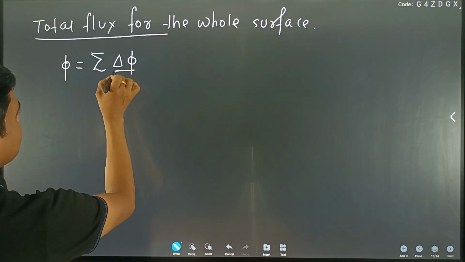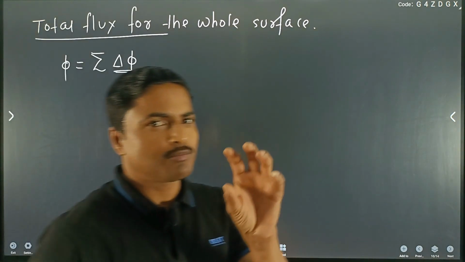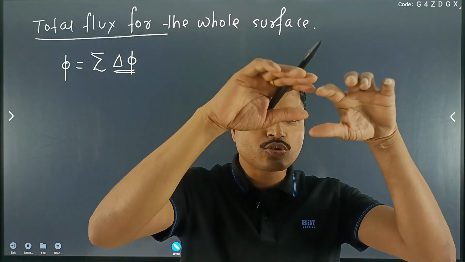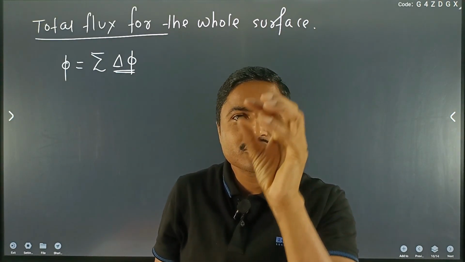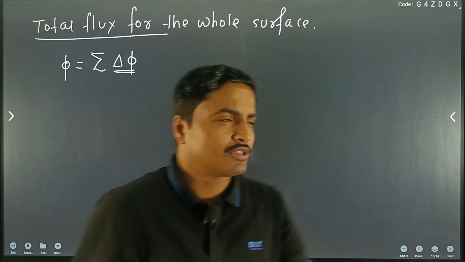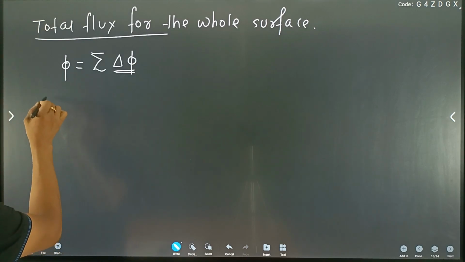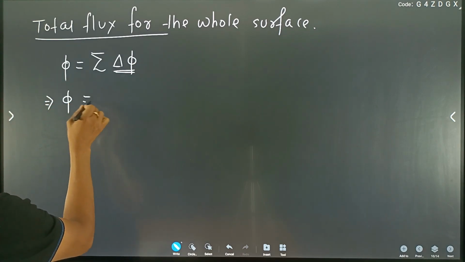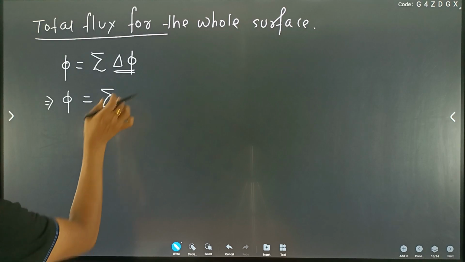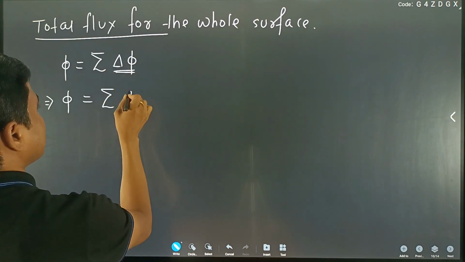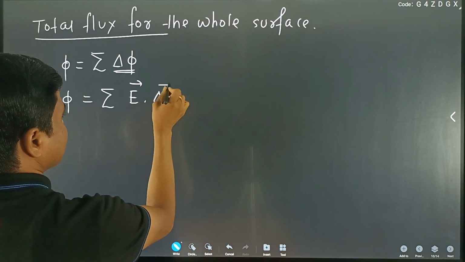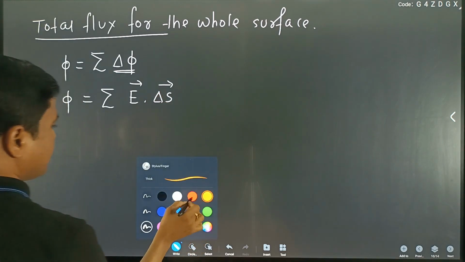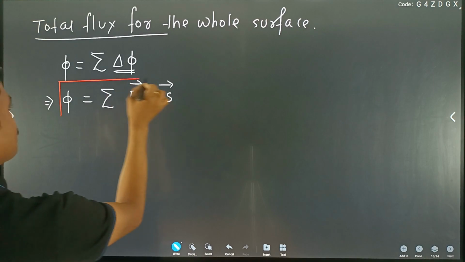This one is the electric flux for a small area element, and the total surface is divided into a large number of small area elements. So we write total flux phi is equal to the summation of, in place of del phi, E vector dot del S vector, and this is the expression for total flux.